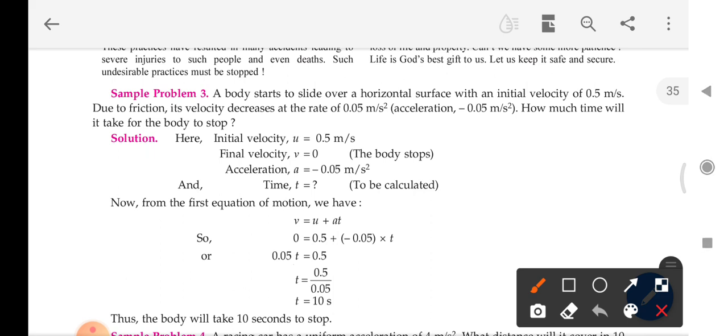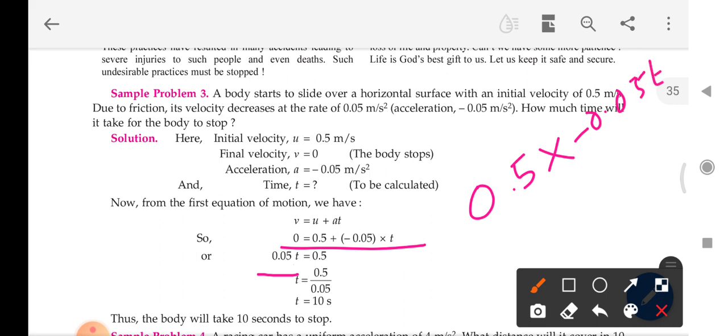When we multiplied minus 0.05 into t, we get minus 0.05t.